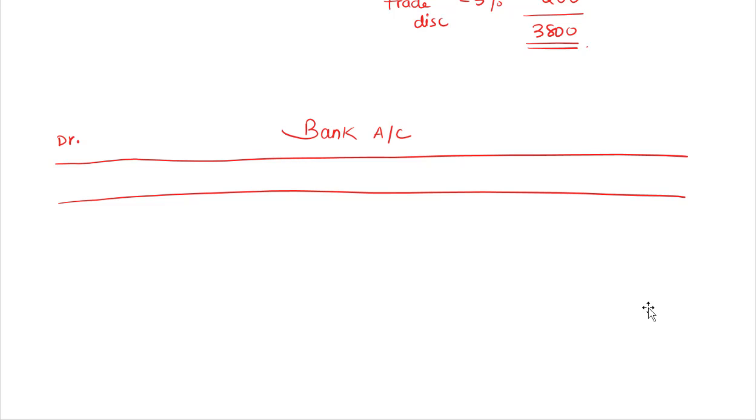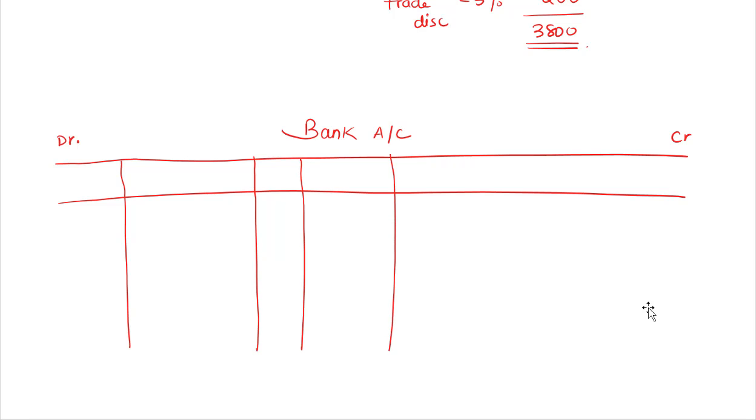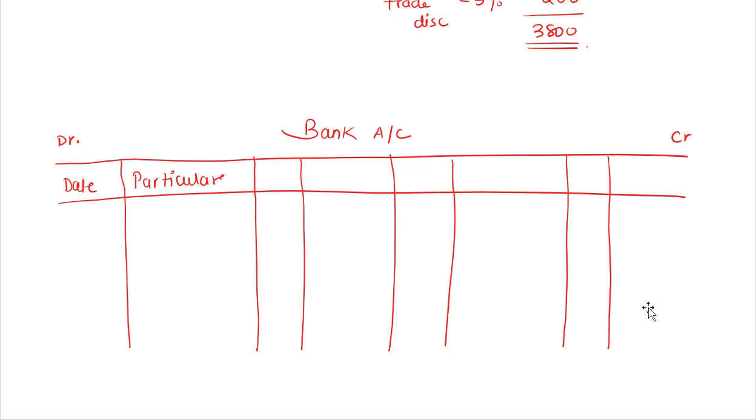Debit side, credit side, date, particulars, journal folio, amount, date, particulars, journal folio, and amount. Kindly give headings along with me. Amount would be in rupees.